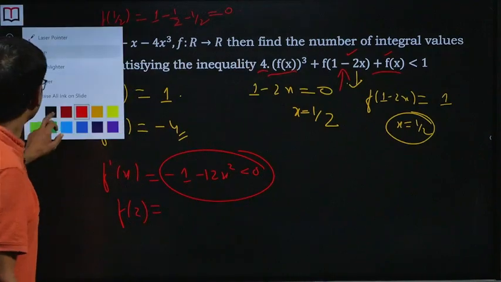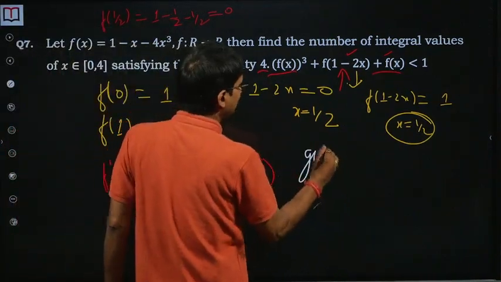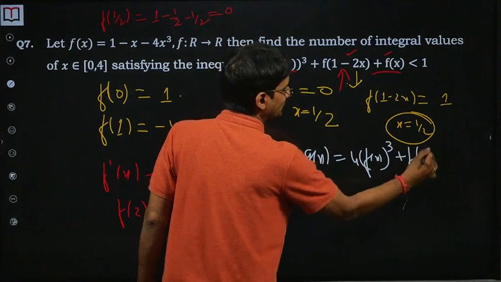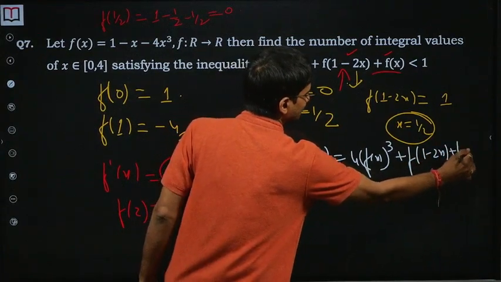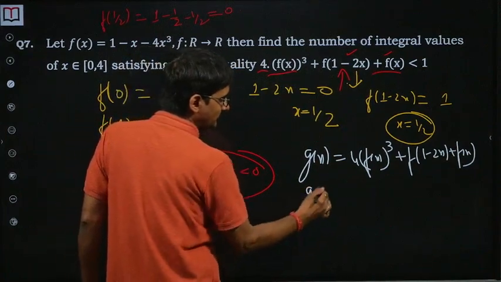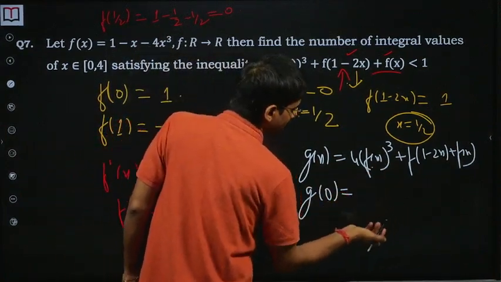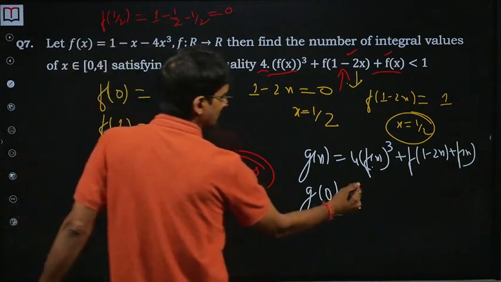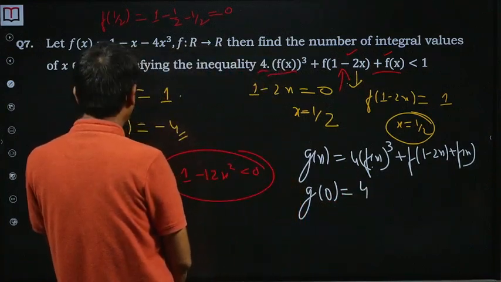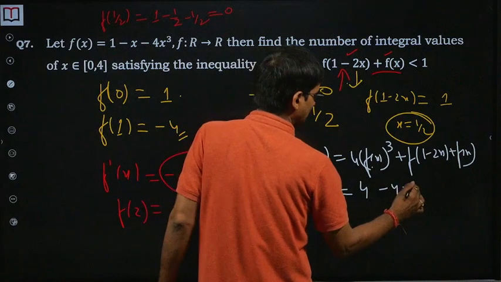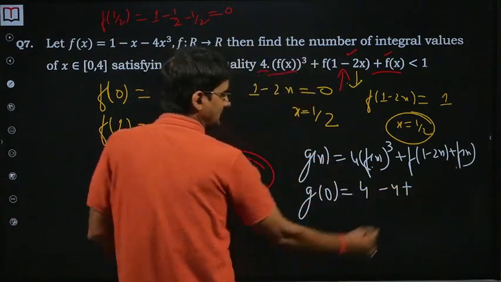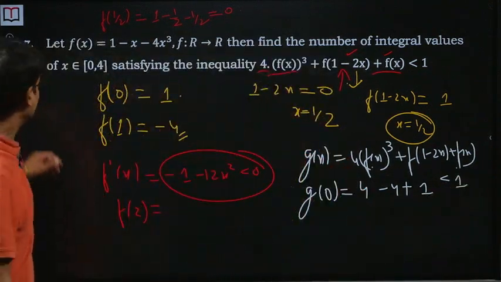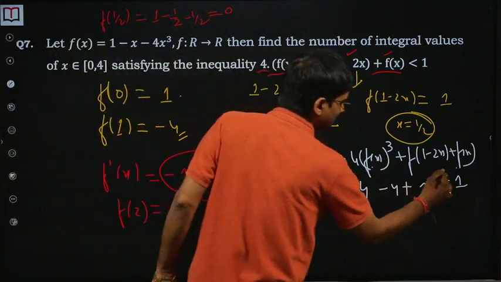So if I say g(x) is 4 times f(x) whole cube plus f(1 minus 2x) plus f(x), then g(0) is 4 plus f(1) minus 4 plus 1, which is not less than 1. I mean, this has to be equal to 1, so not less than 1.